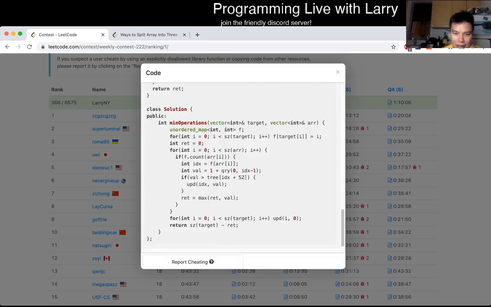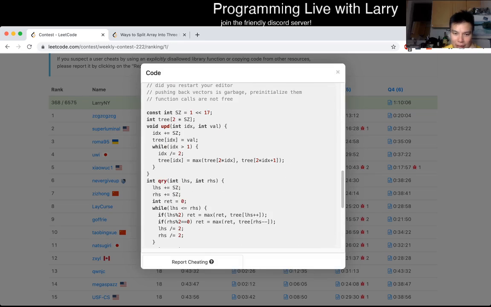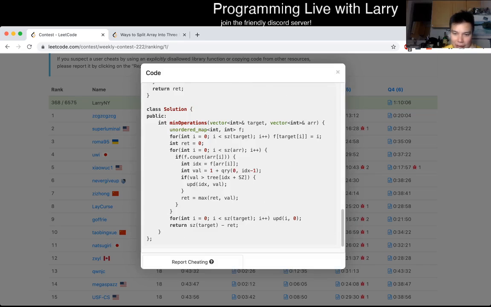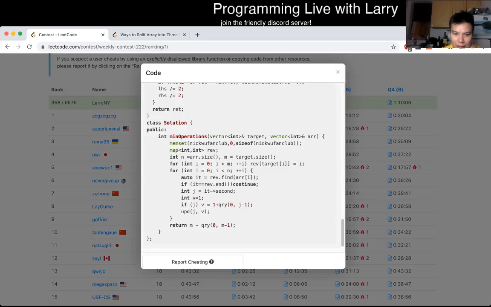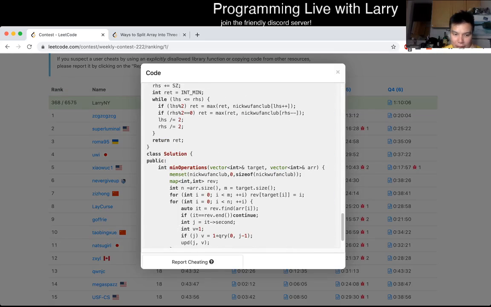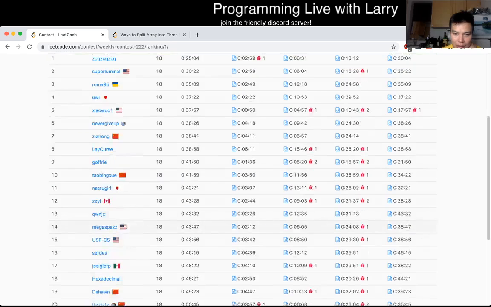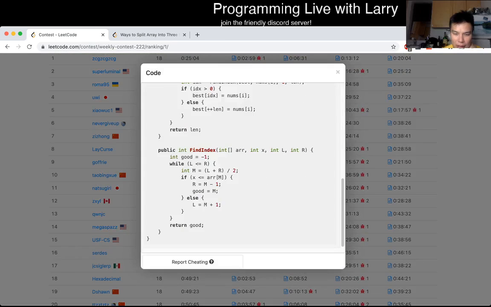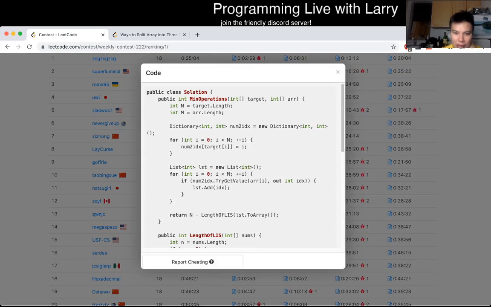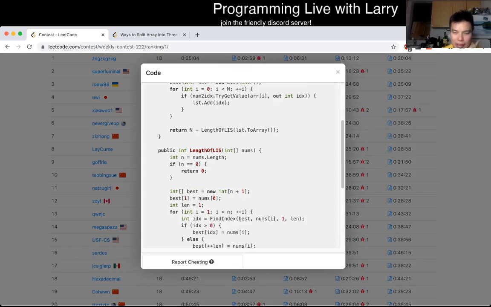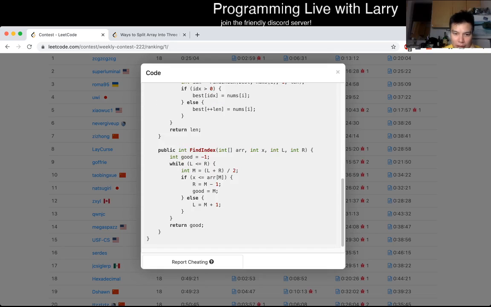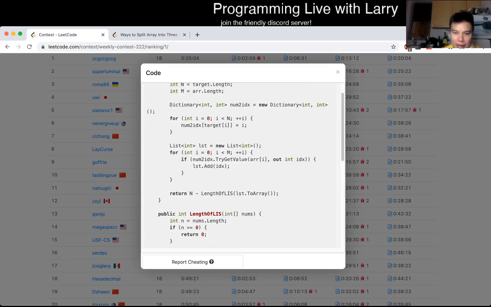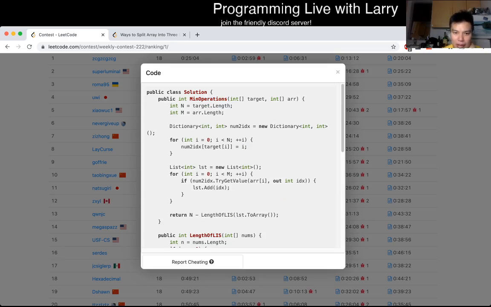I mean, yeah, I did it with a segment tree, which is not surprising because that's basically the same way that I did it, except I didn't use a segment tree. Another segment tree problem. Don't know if anyone else did it another way. Oh, longest increasing subsequence. Oh yeah, that's true. You can convert it to a longest increasing subsequence. That makes sense, actually.